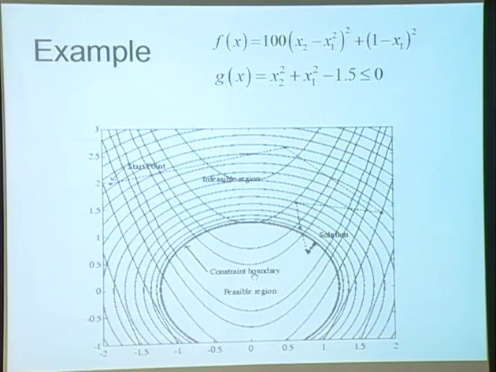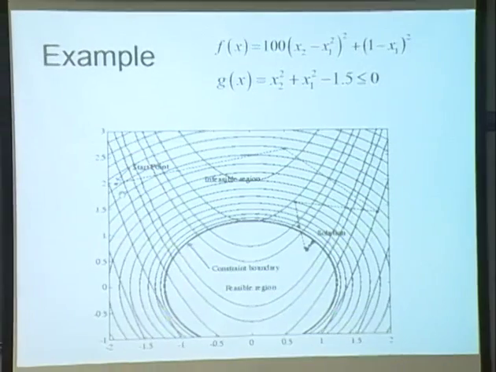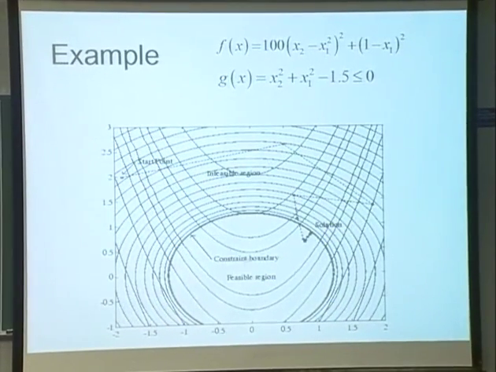So just to give an example, this one is also given in the MATLAB documentation. You can see that even for a starting point that is in an infeasible region, it will still be able to find the optimum.